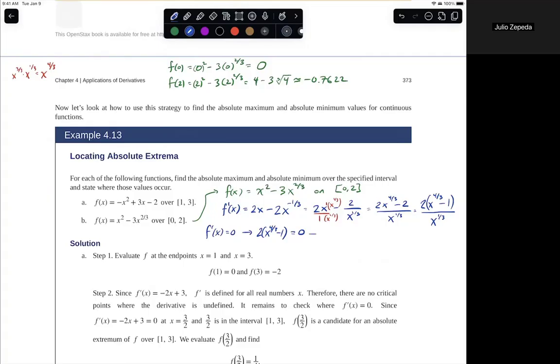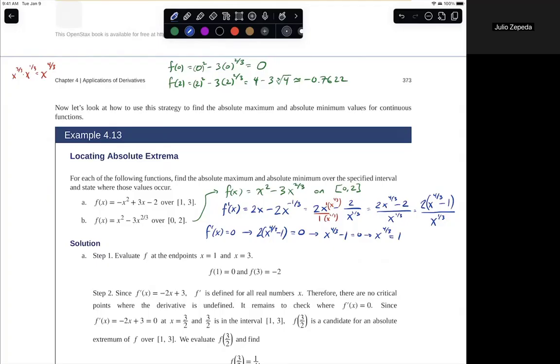If we divide by 2 on both sides, we get x to the 4 thirds minus 1 equals 0. Add 1 to both sides, x to the 4 thirds equals 1. And then finally, we can see that the solutions are x equals plus or minus 1.